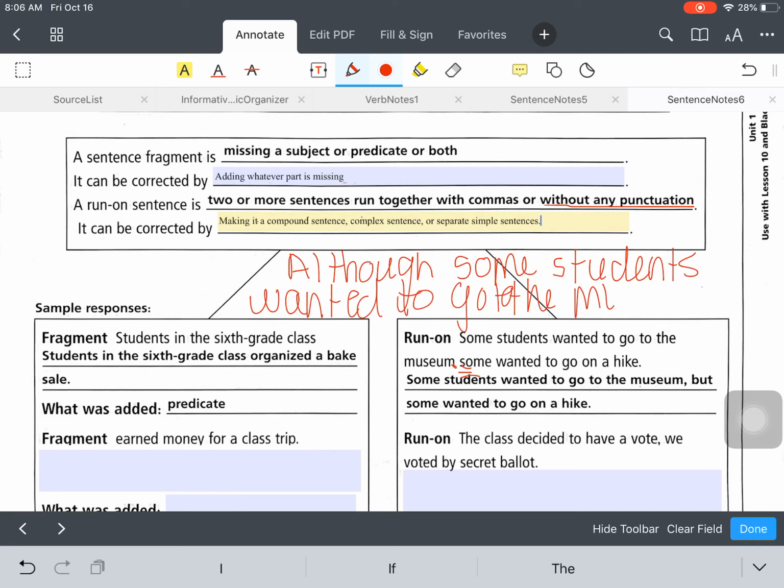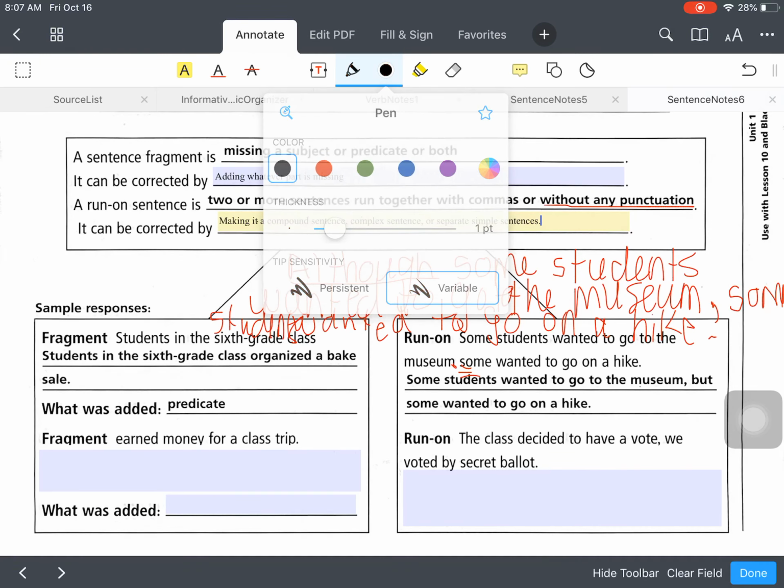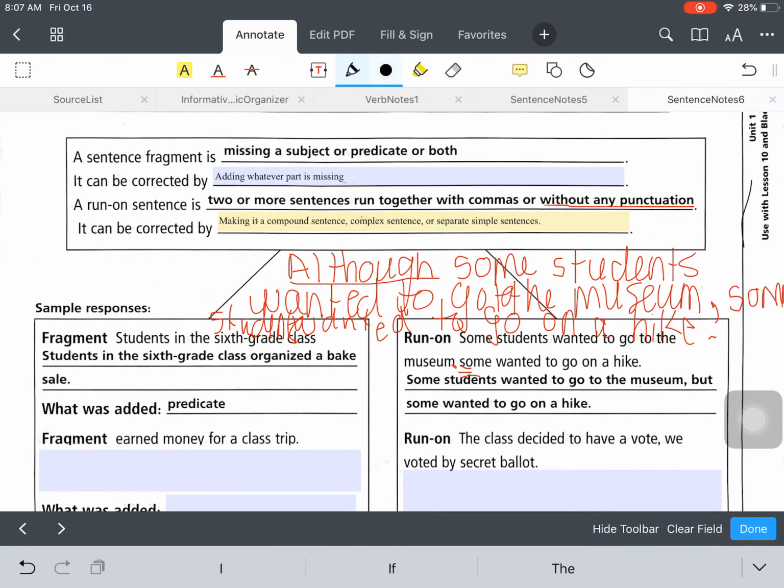And my subordinate, although, is at the beginning, so I know that I need a comma. Some students wanted to go on a hike. Sorry, that is so sloppy, but that would be an example of a complex sentence. So you can do it a few different ways. It's totally up to you how you would like to fix run-ons, whatever you think would be the best.